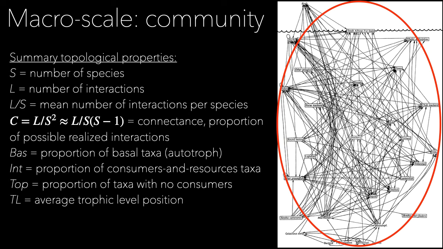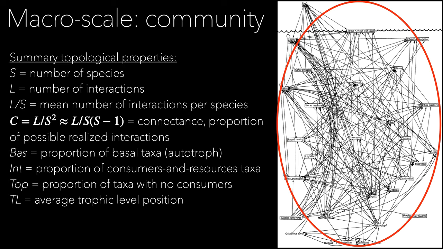Those are very summary metrics that tell us about general properties of the food webs without going too much into the details of how interactions among species are structured, what the classic patterns of interactions are. These summary topological properties give us very broad and general descriptions, which are nevertheless important at the moment we are going to compare across systems.